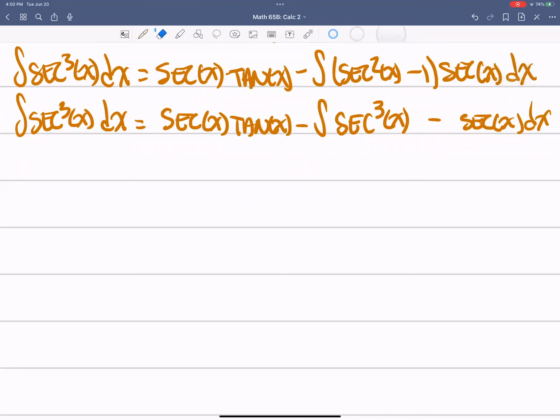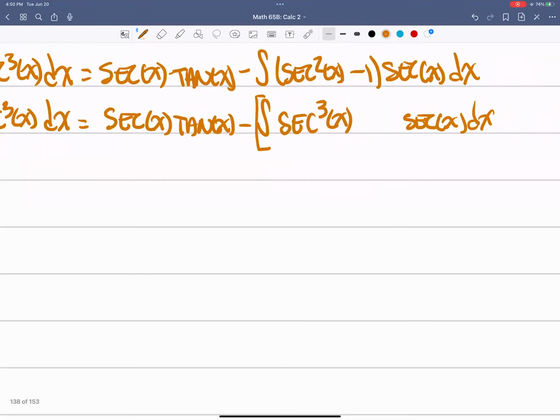So for simplicity, let's fix this up. That negative is encompassing this entire thing, so that was a minus integral here, which becomes a plus integral here.